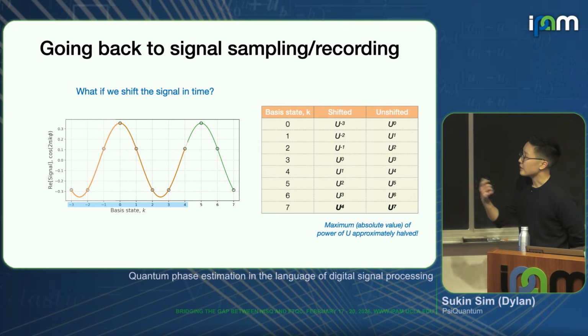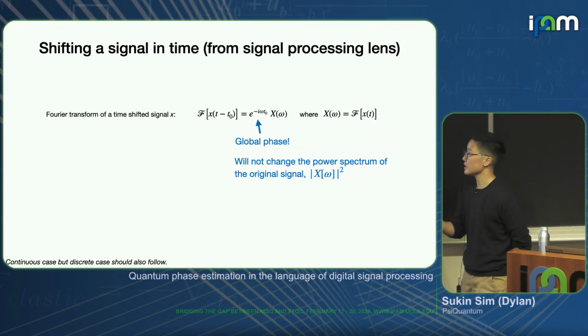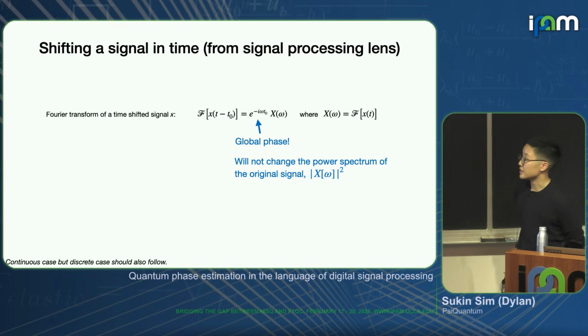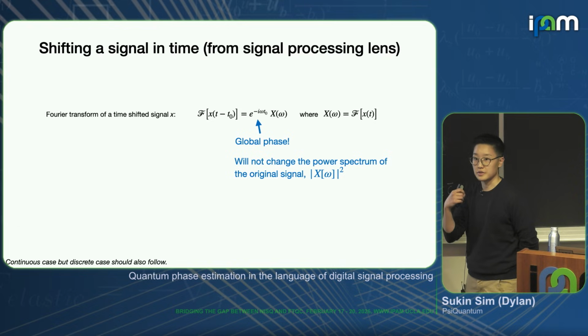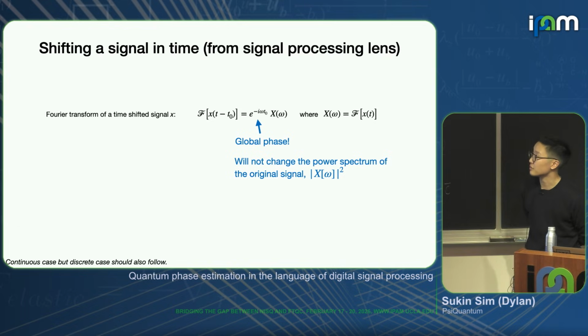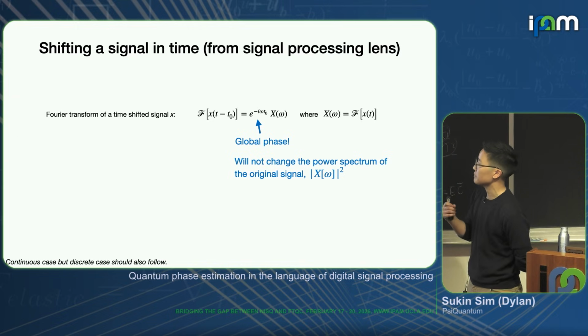Why can we think about doing this? Because in signal processing, it is a known fact that the Fourier transform of a time-shifted signal, where the time shift is a constant T0, is equal to the Fourier transform of the unshifted signal times a global phase that depends on the time shift T0.